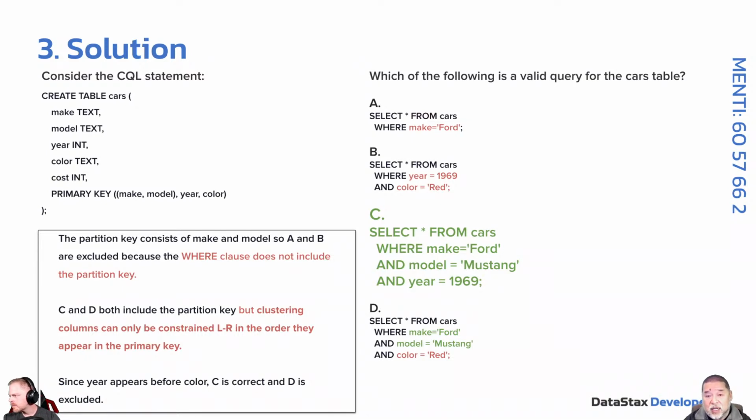And the rule here is that if you constrain any clustering column, you have to constrain the first one, which is year, before you constrain the second one. What we mean is C is a valid query because we've set a value, or constrained, the year column. D is not valid because we've set a value for the color column, but not for the year column.